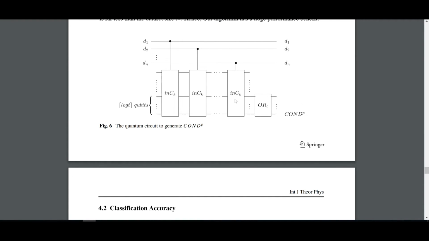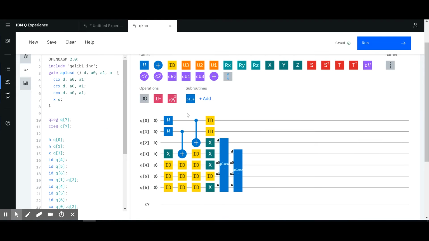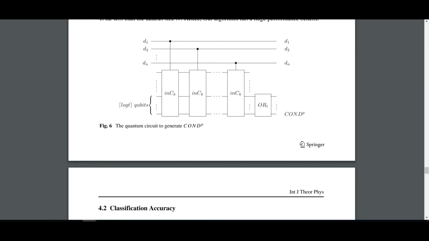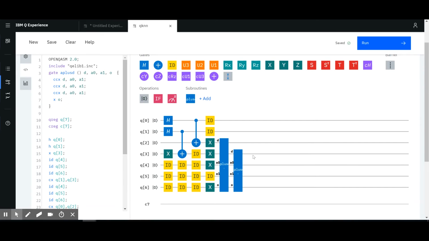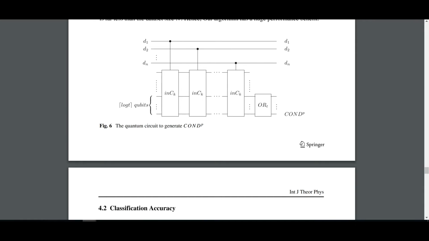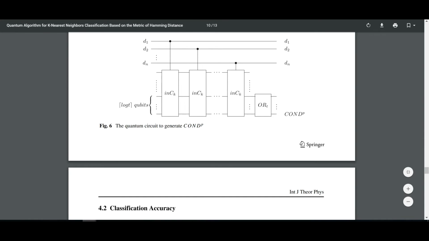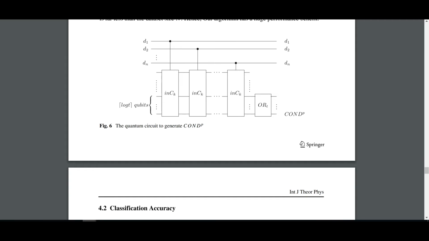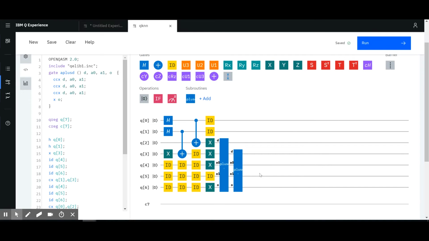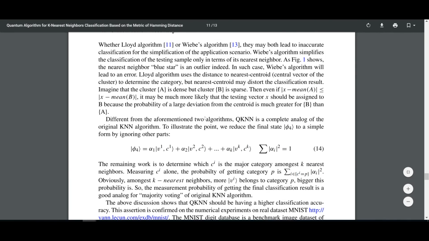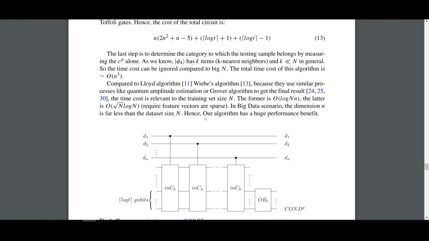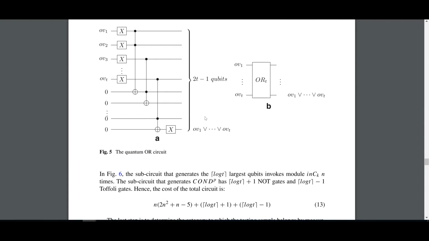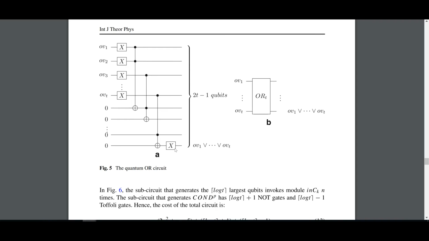I guess if it's just an OR, I'll implement it my own way, which is just going to be between the last two. I'm going to use all of them. Oh no, it's only using the A's. Okay, so I'm going to use the A's and the last qubit as well, so just the last 3. So an OR would be what? Okay, so the last one is the one that matters.